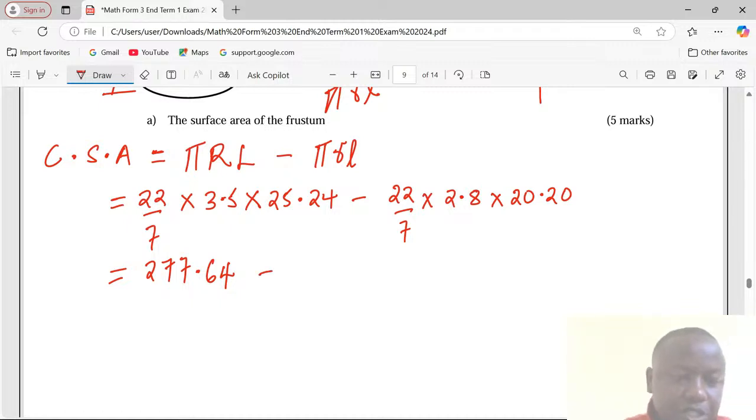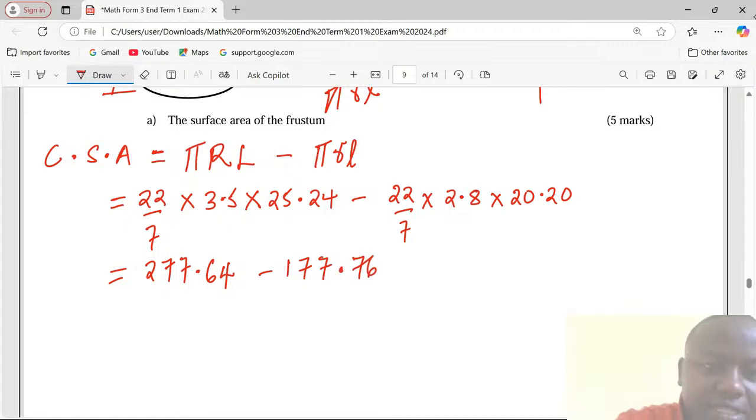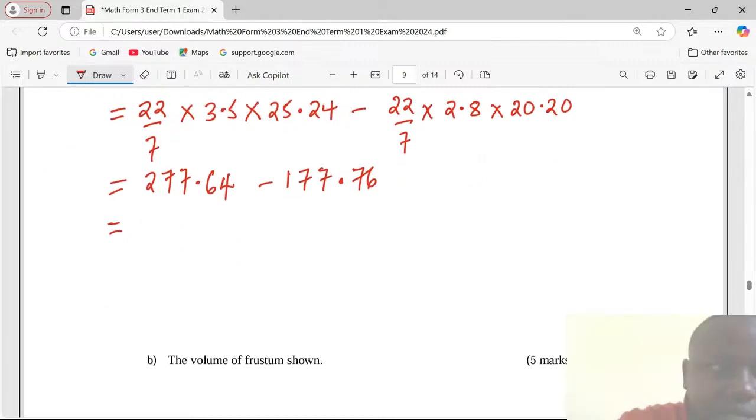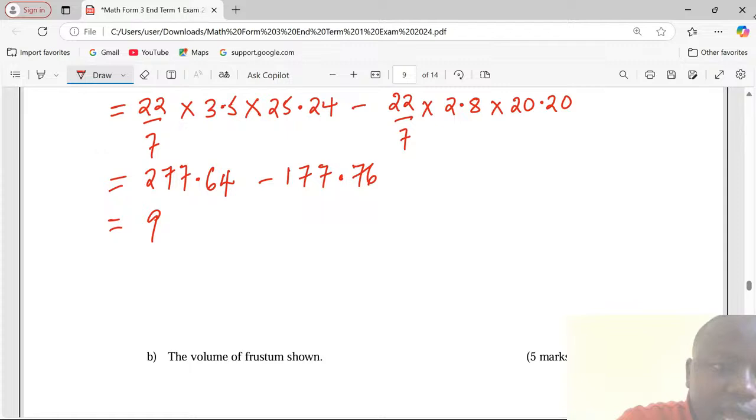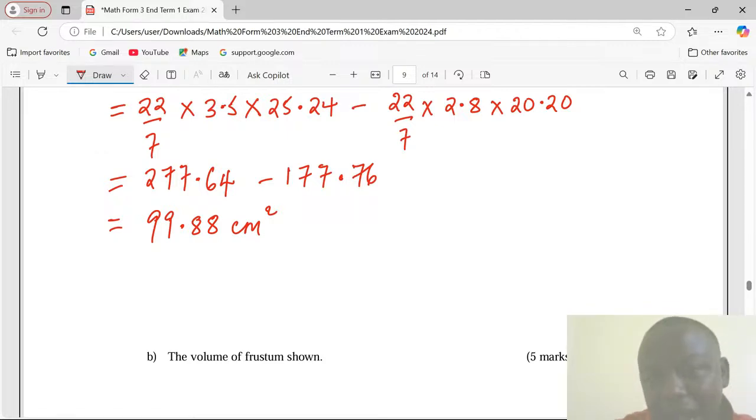Then we subtract 22/7 multiplied by 2.8 multiplied by 20.20, which is going to be 177.76 square centimeters. So 277.64 minus what we are getting now is 99.88 square centimeters. But now we're supposed to know that this is the curved part.